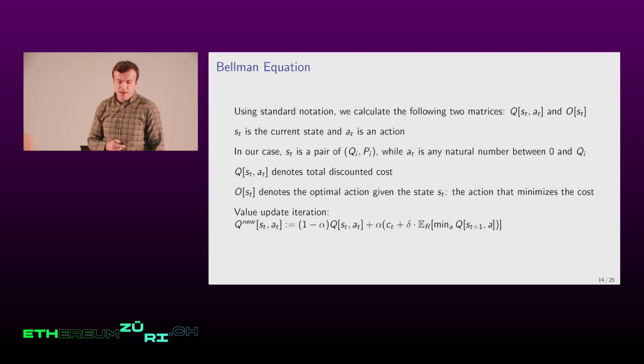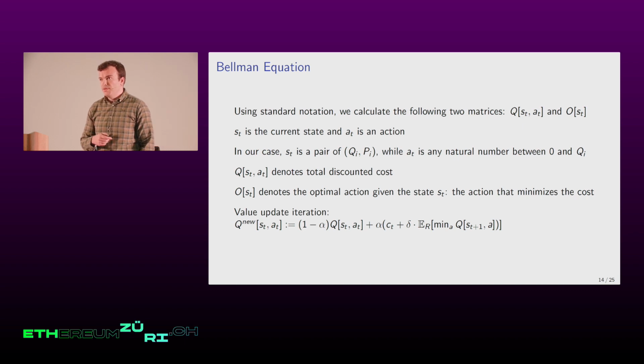And we have this value update iteration with 1 minus alpha, let's say probability, we keep the original value of the table, and with alpha we take the cost that is incurred in this state plus delta times the future expected cost, taking into account that when we go in the future we will take optimal actions. So this is what this min A means. We are taking the action that minimizes the cost.